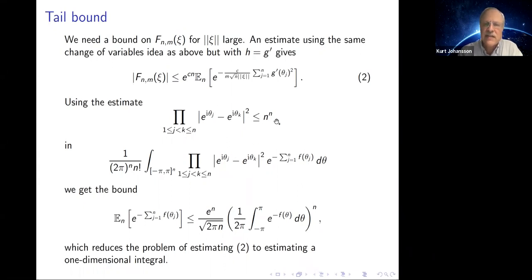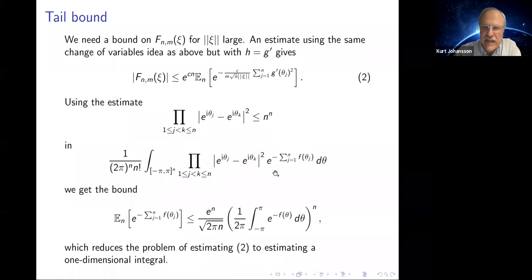So I could just take an upper bound on this. This is always less than n to the n here, right? This is equality when you have equidistant points on the unit circle, like a regular n-gon. So if you just replace this by n to the n, then we get this bound of the expectation here.